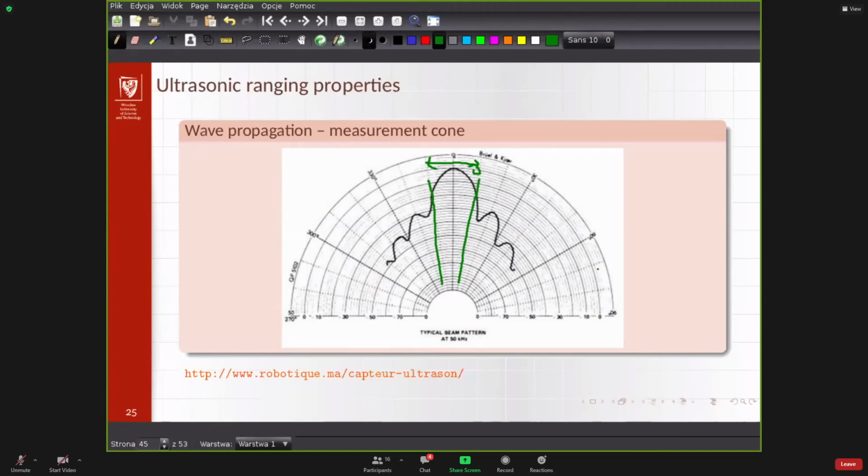So you can imagine that in a certain direction from a certain sonar, we get measurements like 2 times per second, which can be too little for some robotic applications.